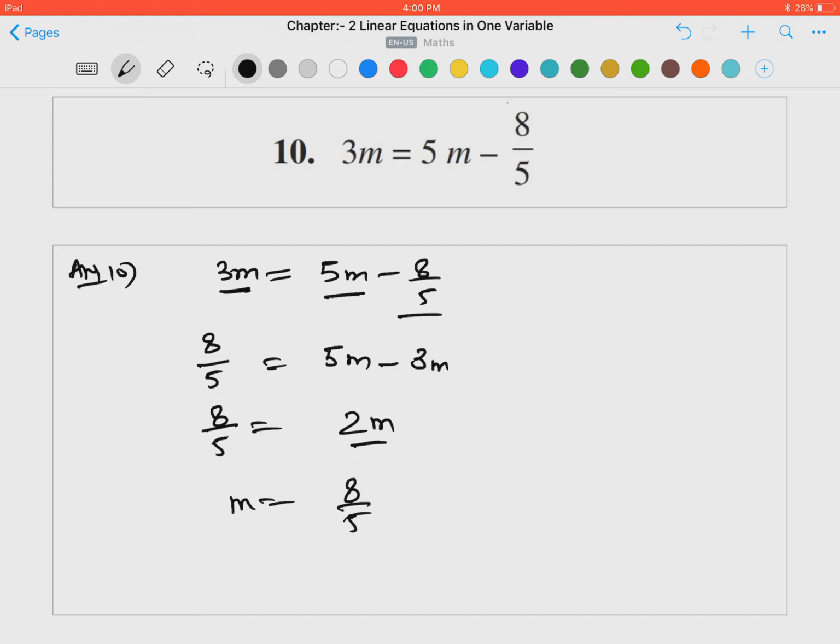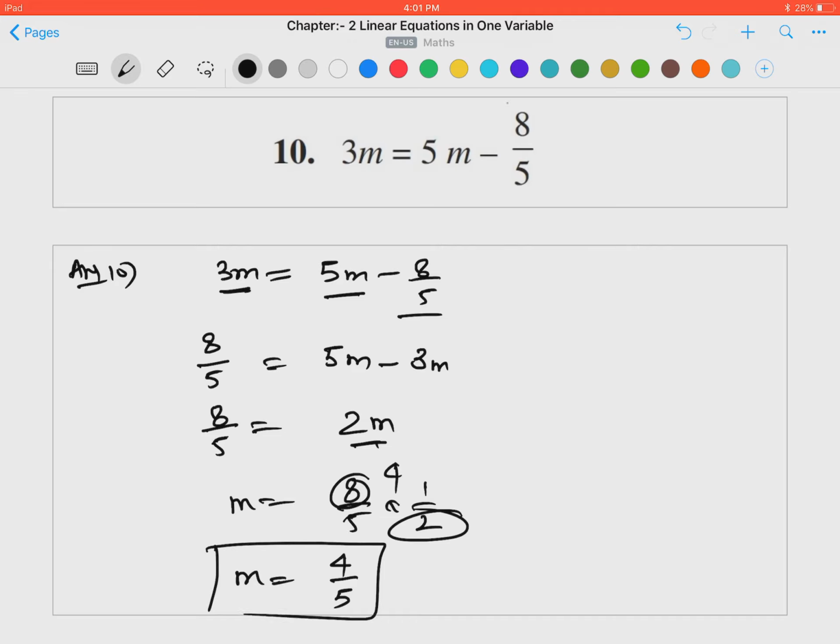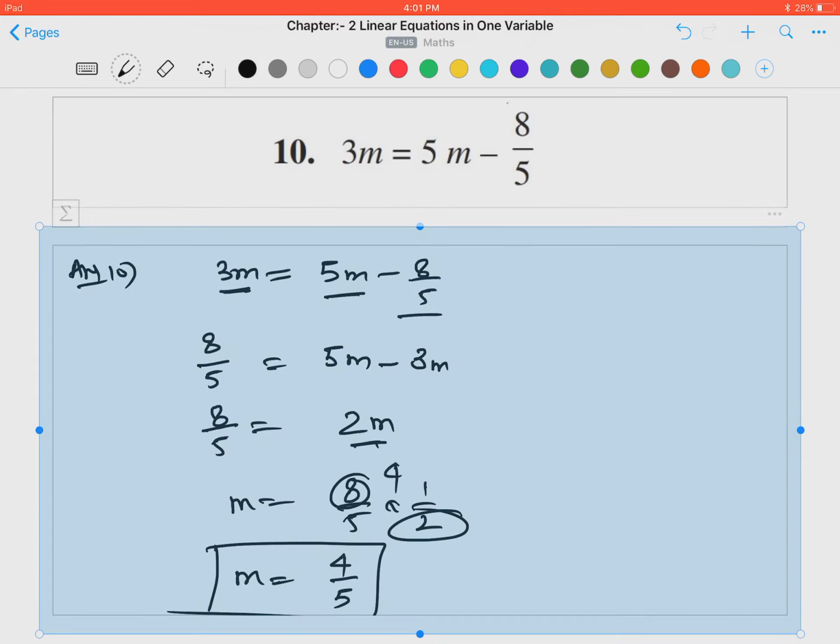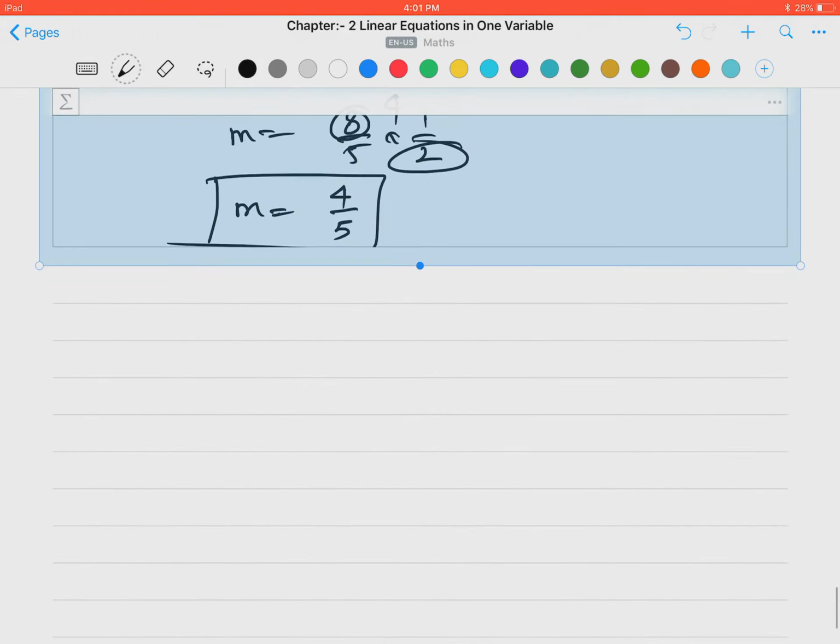This 2 is here in multiplication, so it will become division. So this 2 will give us 4 here. So m is equal to 4 by 5. That's the answer of this equation.